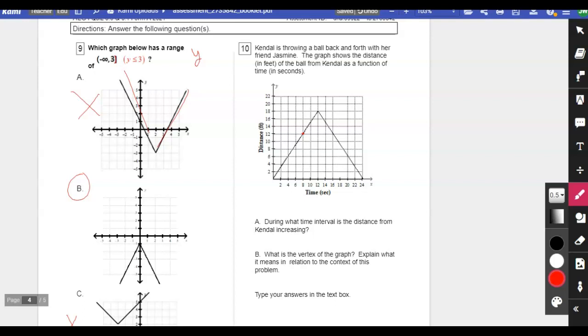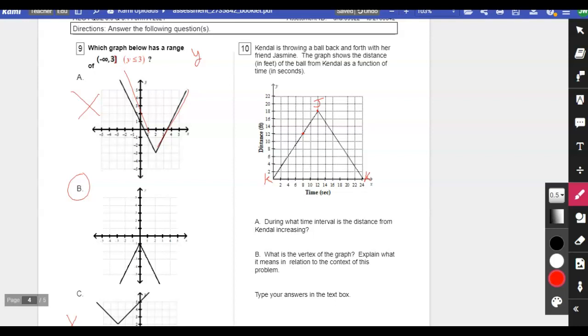When it gets furthest away, this is where Jasmine is standing. Kendall's standing here, because when she's holding the ball it should be 0 feet away from her. And some of you had that backwards.